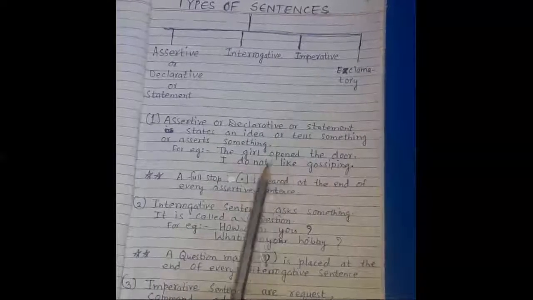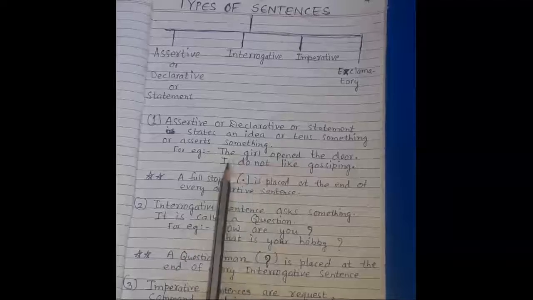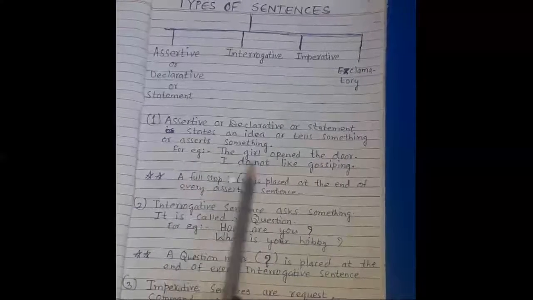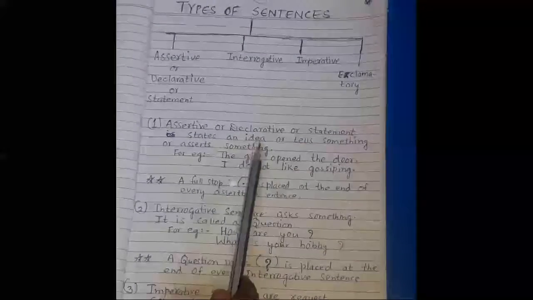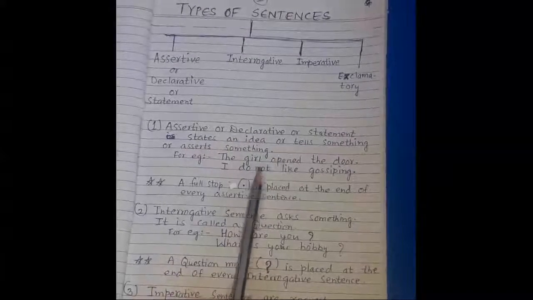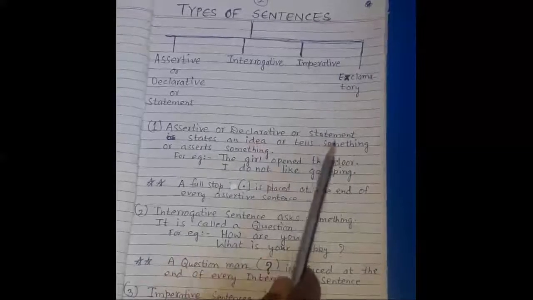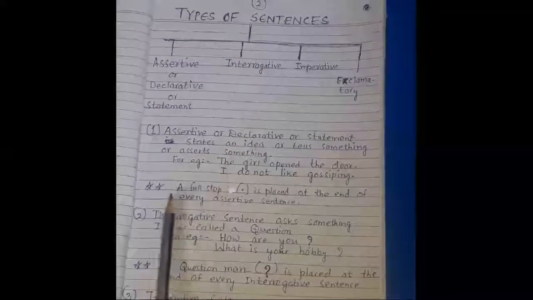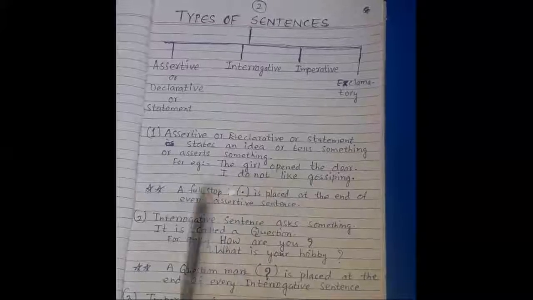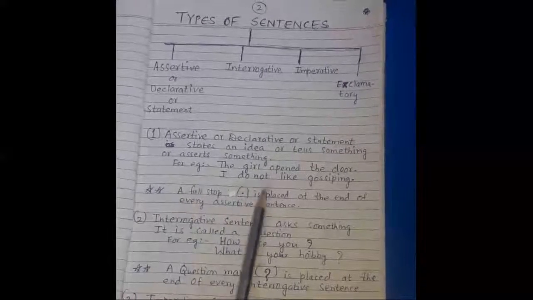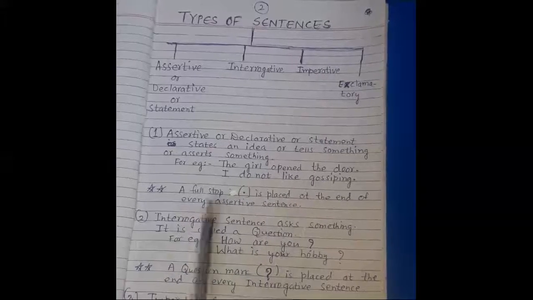It tells something that I don't like. So when a sentence declares or asserts something, it is called assertive, or otherwise declarative, or simply a statement. There is a rule for it: this type of sentence generally ends with a full stop.